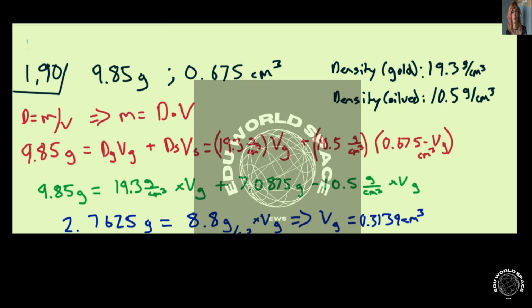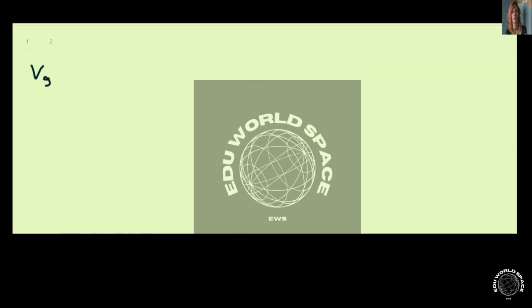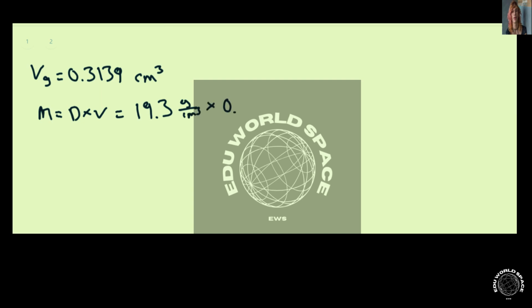Now let's open a new page here. Let's rewrite this volume of gold as being 0.3139 centimeters cubed. We know the density of gold, so we can calculate the mass by multiplying density times volume. So the density is 19.3 grams per centimeter cubed. We multiply that by 0.3139 centimeters cubed, and we get the mass of gold as being equal to 6.058 grams.